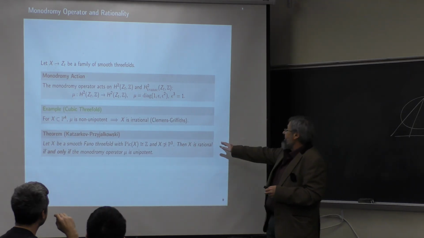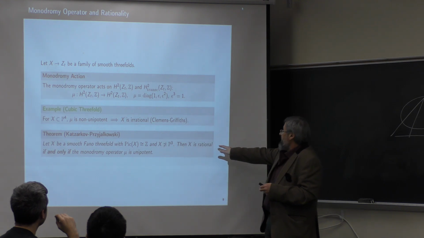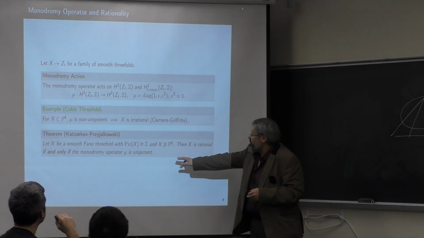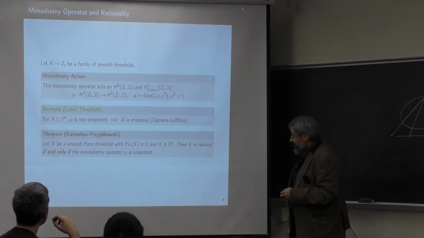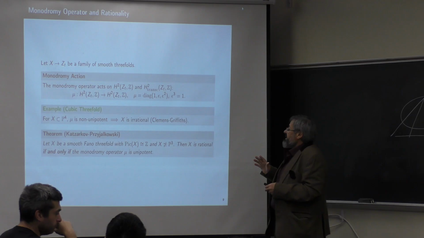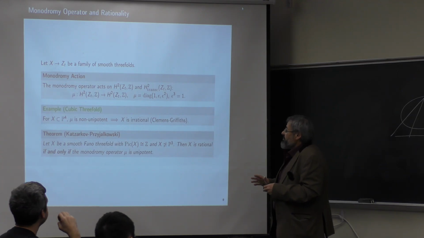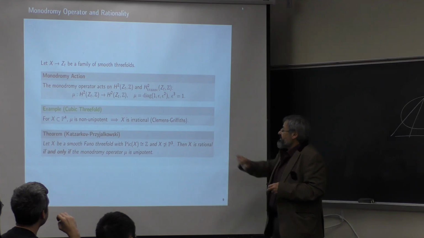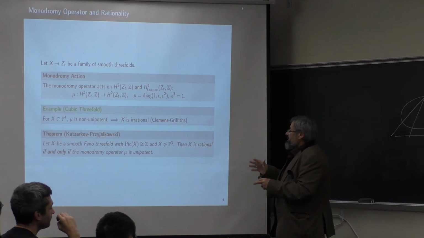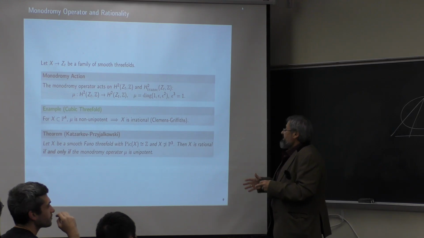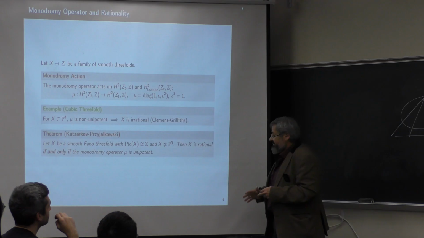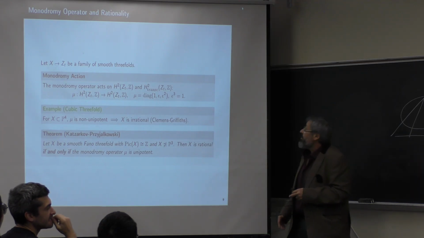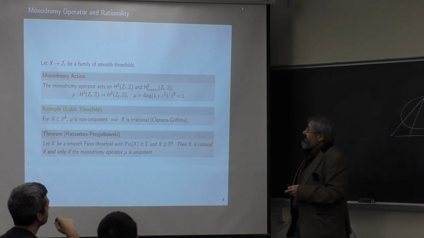So rationality of these Fanos corresponds to the fact that this monodromy is unipotent. I must admit that this is really a stupid theorem, which is proven in the sense that we know what's happening with the Fanos, and we know what's happening with the monodromies, and we just compare and see that indeed we have this correspondence. So I hope by the end of the talk we actually get a little bit more conceptual understanding.